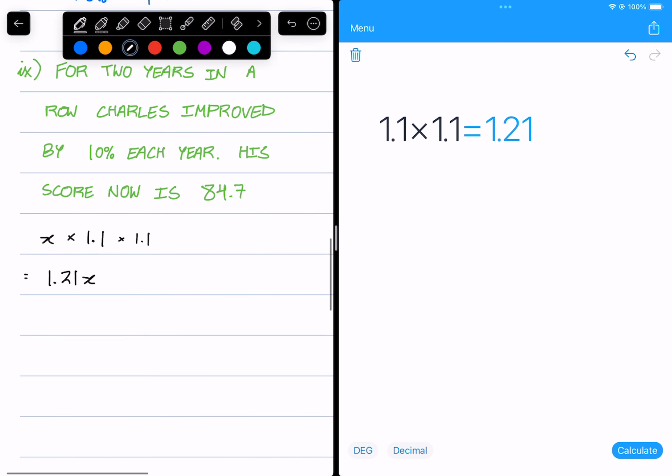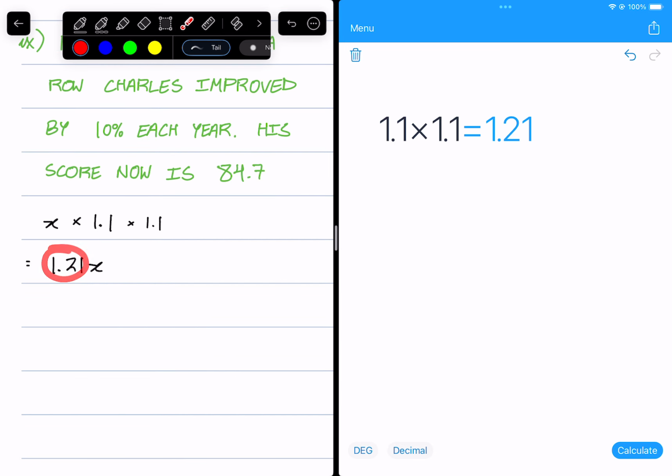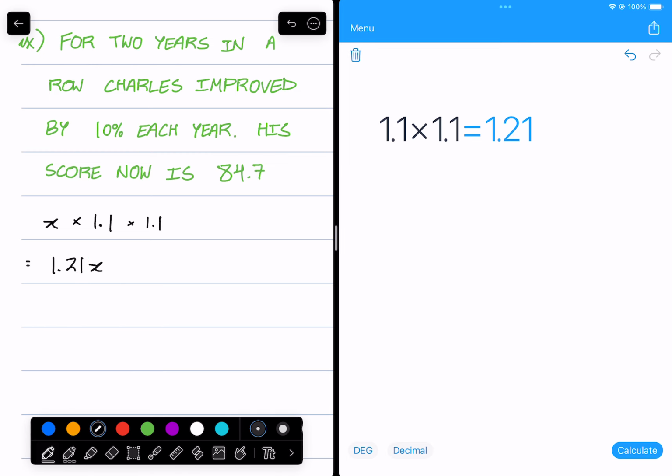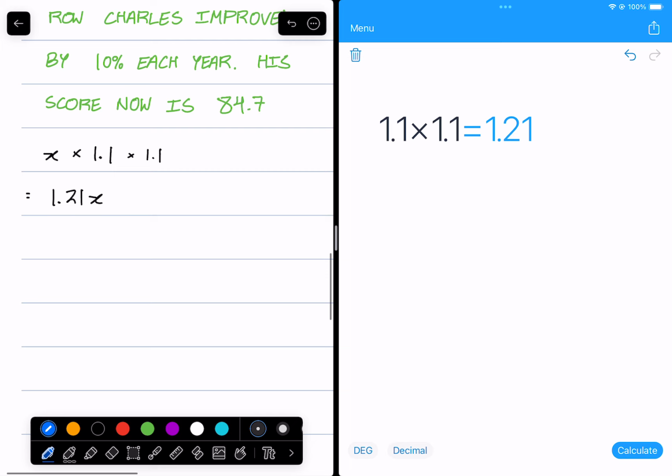So we're showing you now that the original amount has been improved by 21%. See? 1.21. So using our original method, we can say that now 121% is equal to that 84.7.